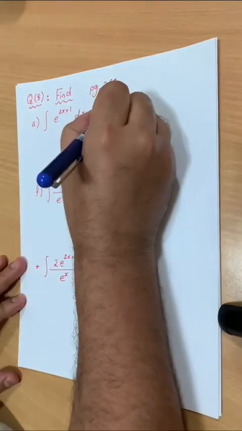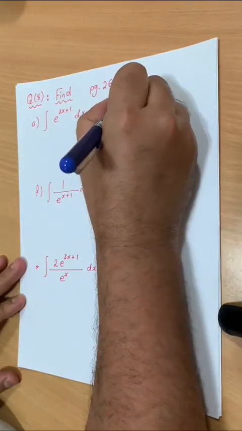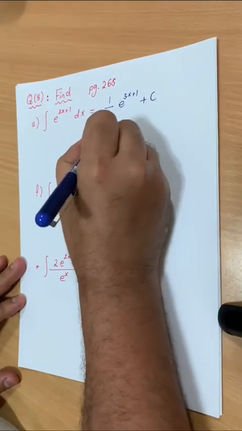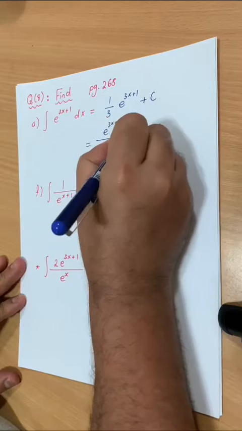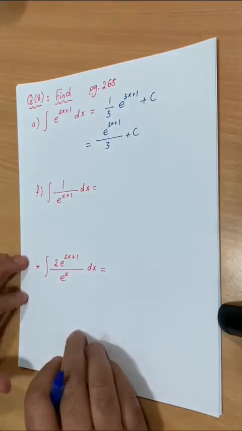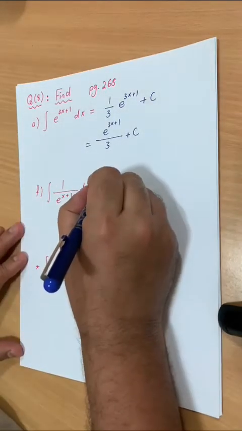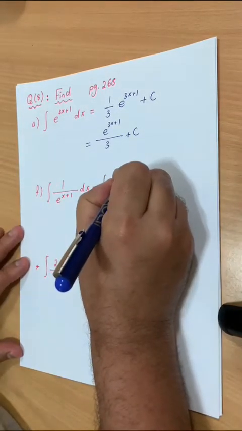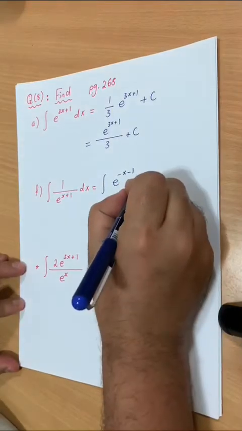So 1 over 3, because the derivative of the power is 3, times e to the power of 3x plus 1 plus c, and that's it. Or you can write it in this form: e to the power of 3x plus 1, all divided by 3 plus c. Here, you have to move the denominator first by changing the sign of the power, so it's integration of e to the power of negative x, not plus 1, it's minus 1, because you have to distribute the sign on all the terms of the expression.